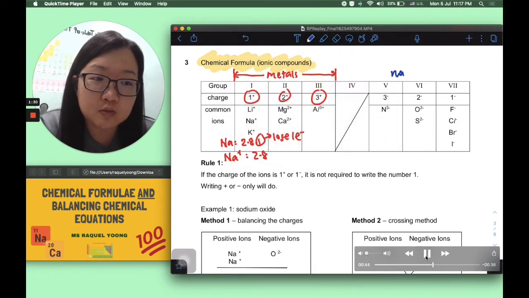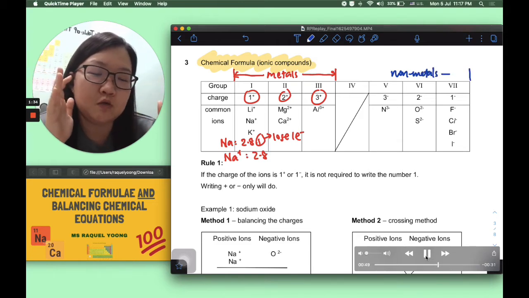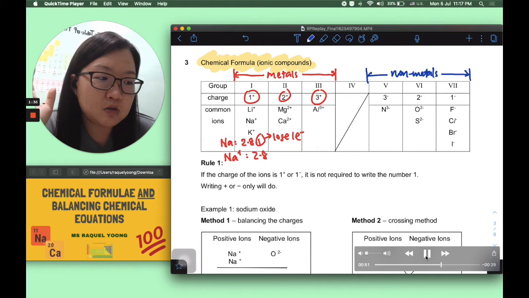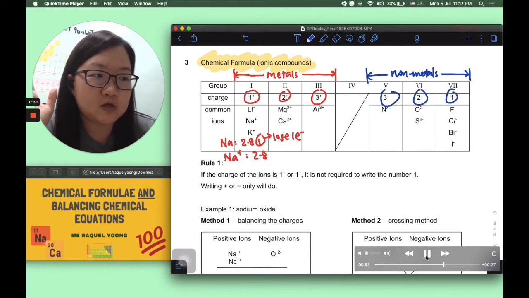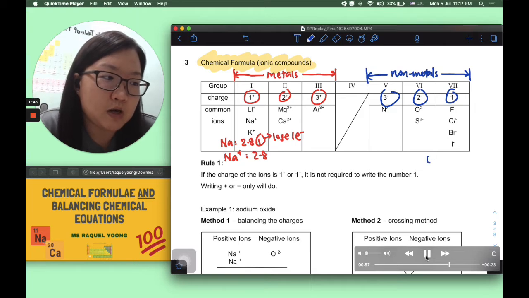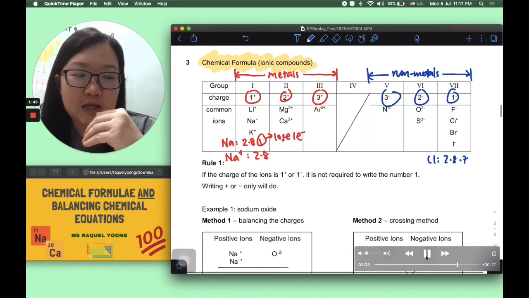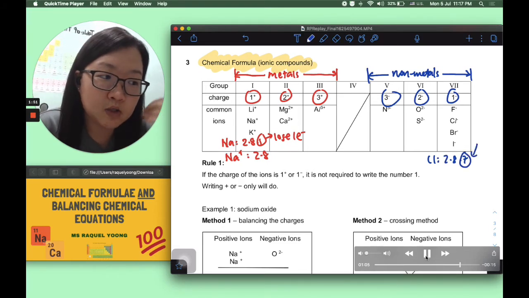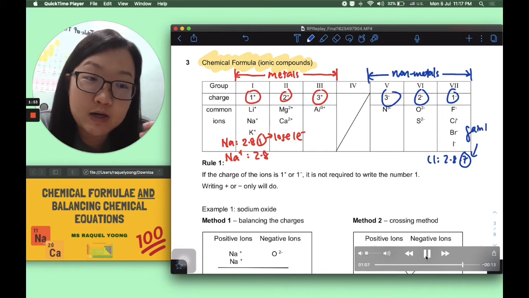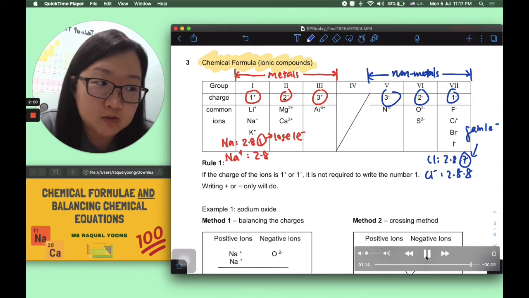Looking at the other side of the table, we have group 5, 6, and 7. These are the non-metals. For non-metals, it is helpful if you look at it in reverse, backward. So you see for group 7, it's minus 1, group 6 minus 2, group 5 minus 3. If we look at our good friend chlorine, 2.8.7, in the case of non-metals, it will want to gain 1 electron, in this case for chlorine to form chloride, Cl- ion, with a stable octet configuration of 2.8.8.